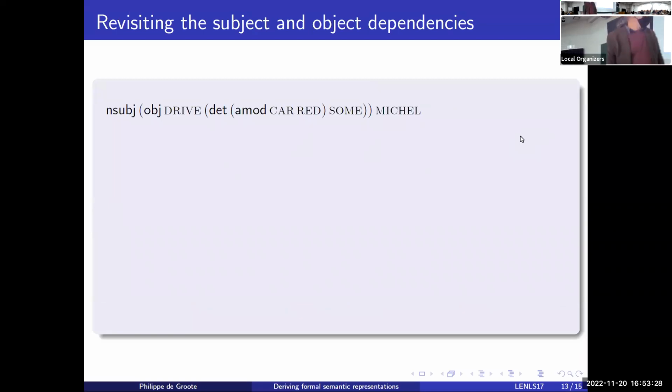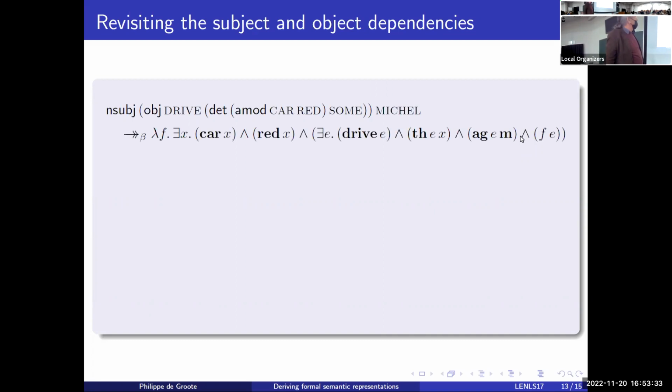And then with these recipes, in fact, I obtained what one would expect in event semantics. That there exists a car which is red, and that there exists a driving event, and that M, the entity M, is the agent of that driving event, and that the car X is the theme of that driving event.